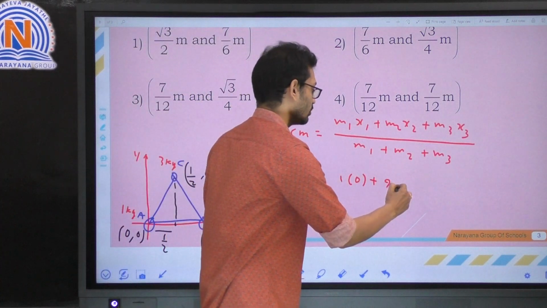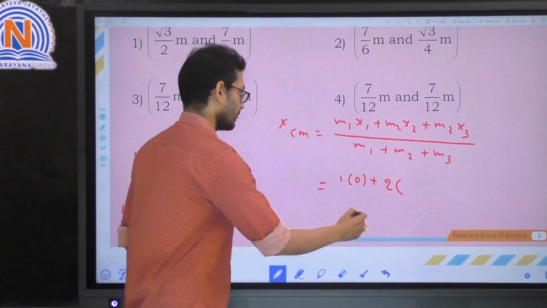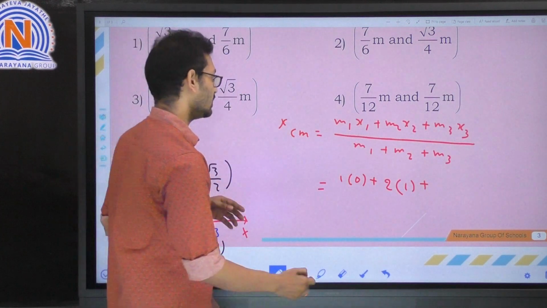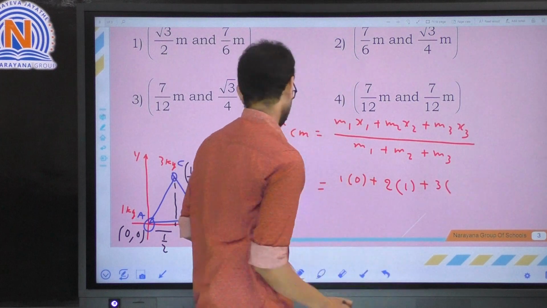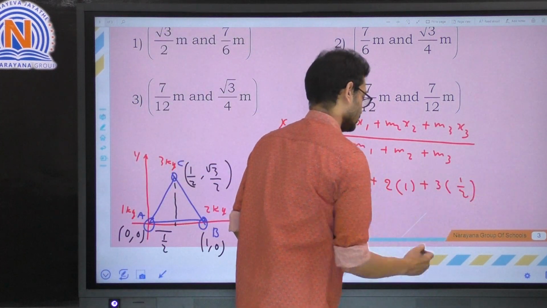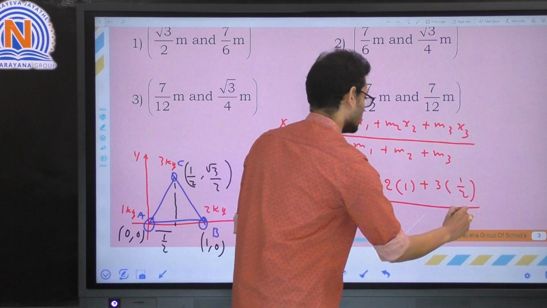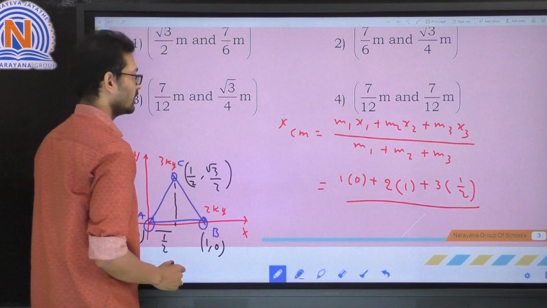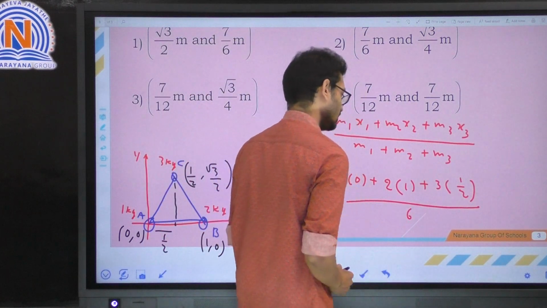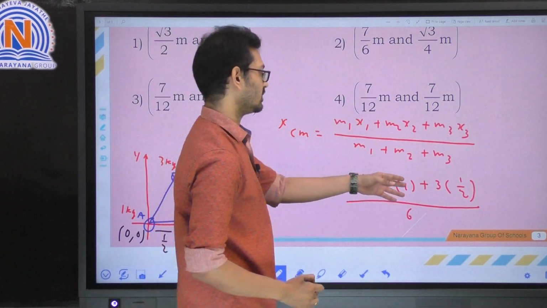Now here 2 into x2, which is 1, plus 3 into x3, which is 1 by 2, divided by m1 plus m2 plus m3. m1 plus m2 plus m3 is nothing but 6. So in the numerator you have 2 plus 3 by 2.